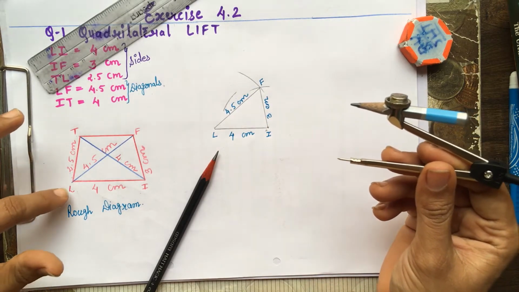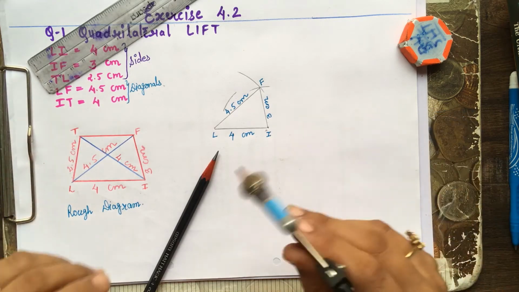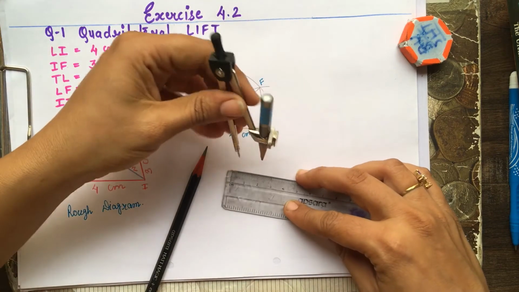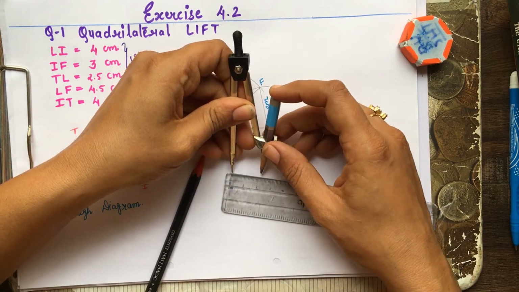Next we have to go for LT, that is 2.5 centimeter. Because it is a very small measurement, you have to be very careful while measuring the radius.